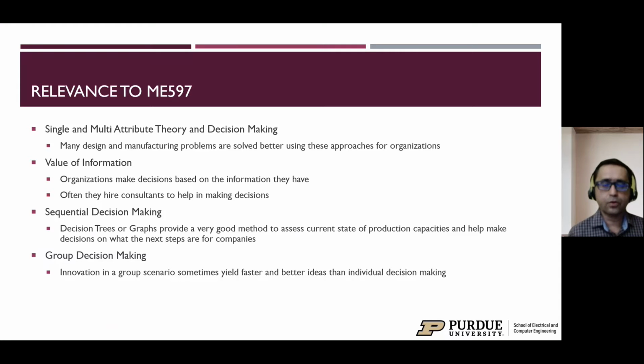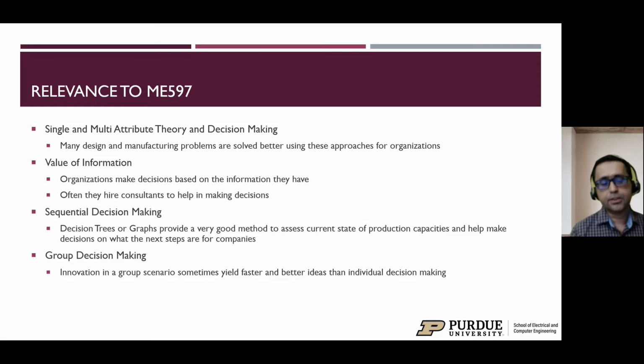So even though many organizations don't really use these theories, use of this theory in decision making will be extremely helpful for people. The other one is value of information. We also learned how a clairvoyant or an expert can change the direction of what actually happens in the decision-making process, right? So if you look at one of the problems that we looked at, whether the decision to strike oil or not strike oil was affected by a consultant.